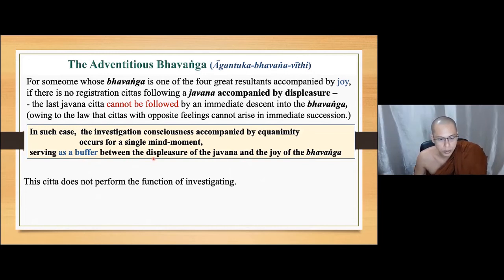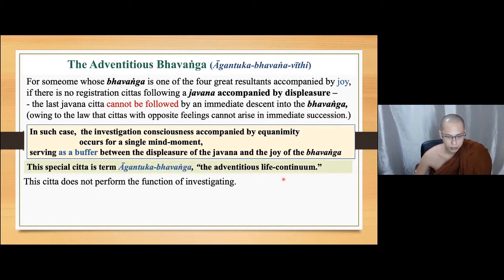Here, between the displeasure Javana and the joyful bhavanga, they are directly opposed to each other. That is why a buffer is needed. So the investigating consciousness accompanied by equanimity arises to perform as a buffer between two opposite consciousness moments.